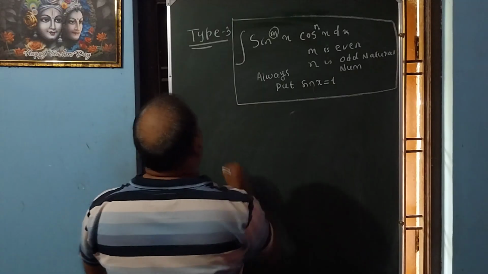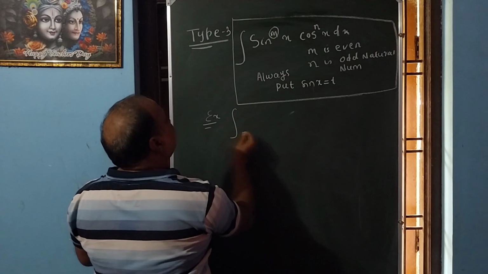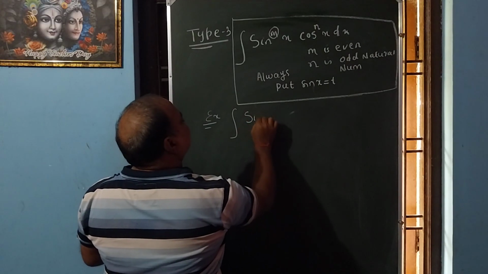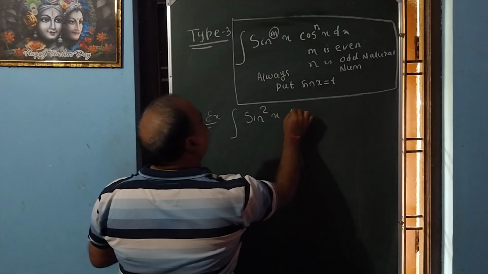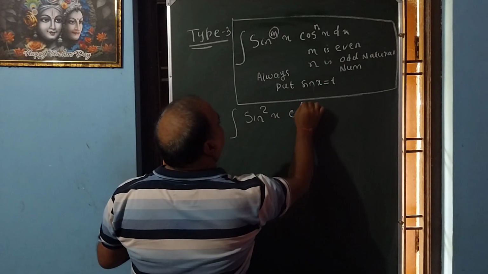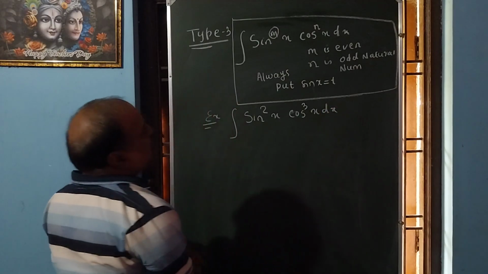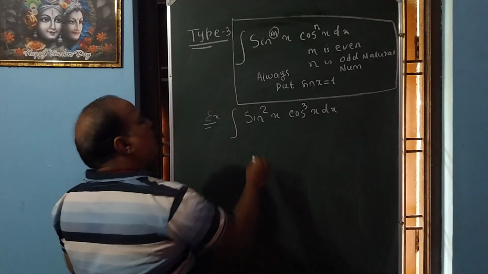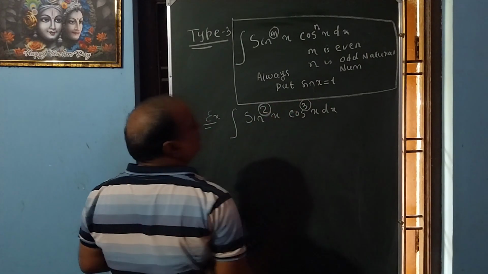Let us take one example. Integration of sin square x into cos cube x dx. You see here the power of sin is 2, which is even. Here the power of cos is odd.